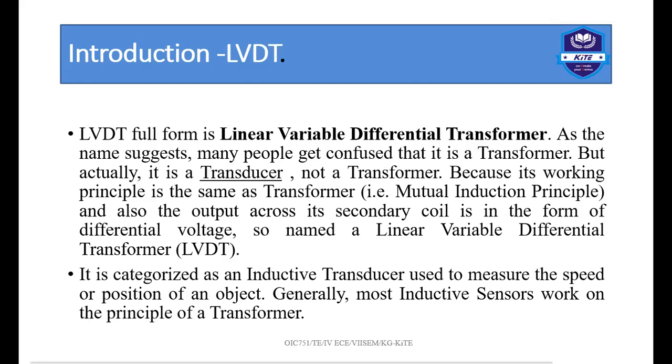It is categorized as an inductive transducer, which is used to measure the speed or position of an object. Generally, most inductive sensors work on the principle of transformer. As you are all aware, it works on the principle of mutual induction.